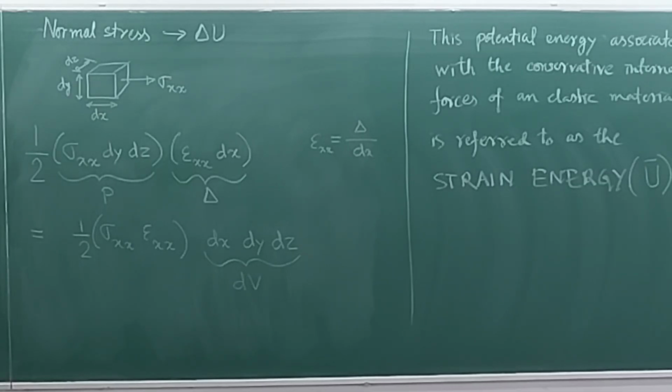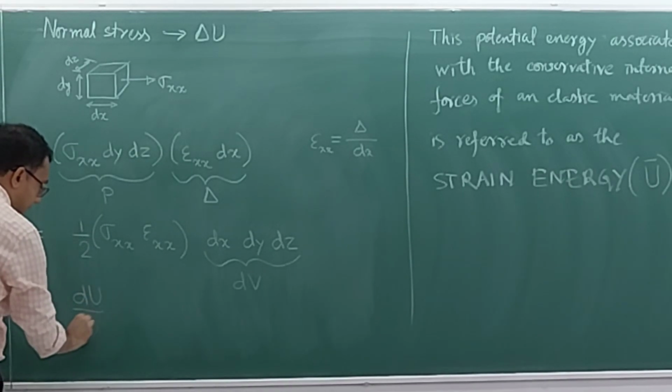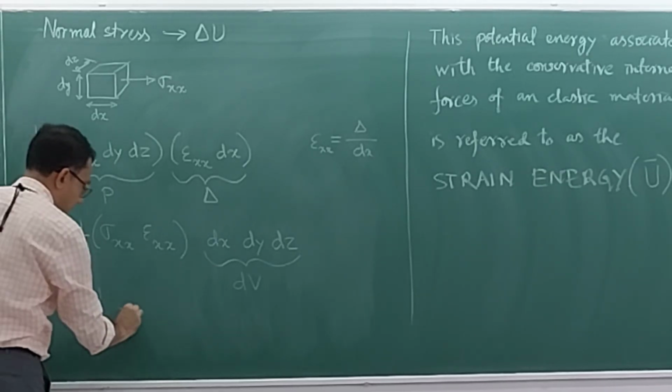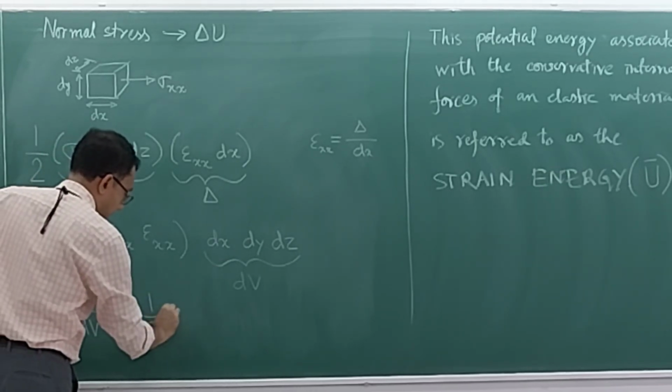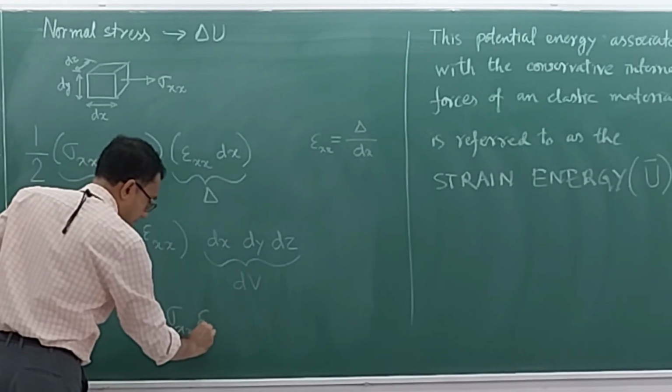Is it not? So we are not going to write it as delta U, rather we are going to write it as dU. So dU is equal to half sigma xx epsilon xx dV, which means that I can write dU by dV is equal to half sigma xx epsilon xx.